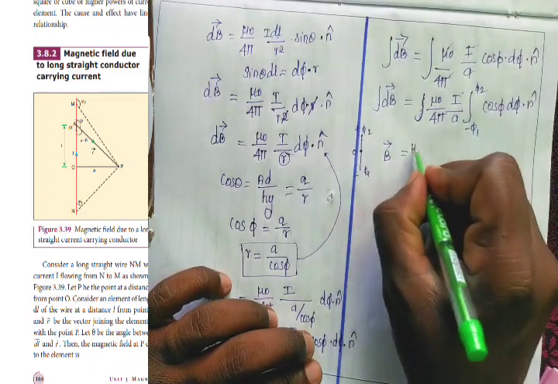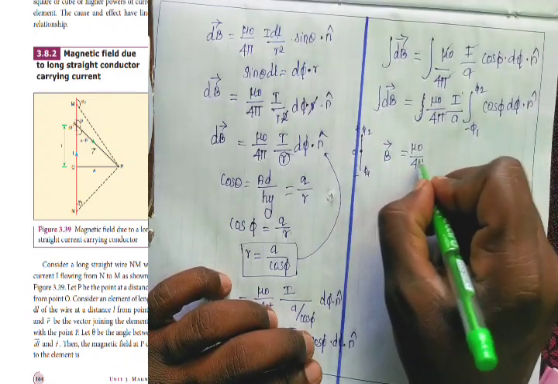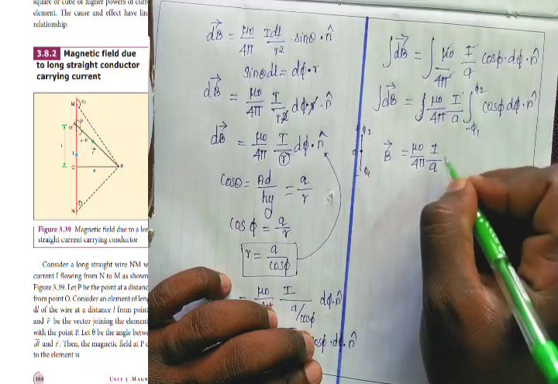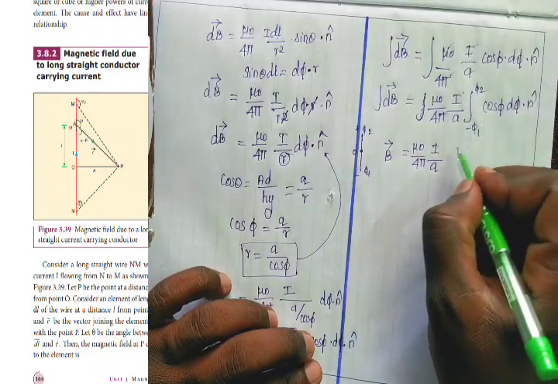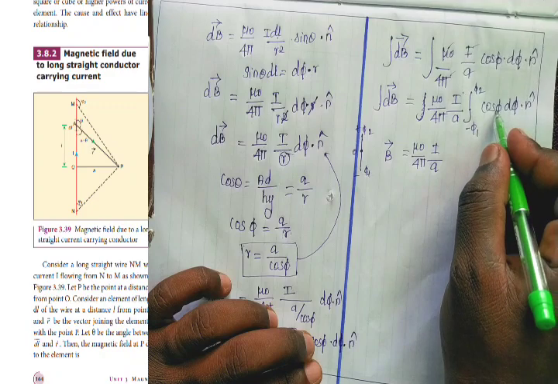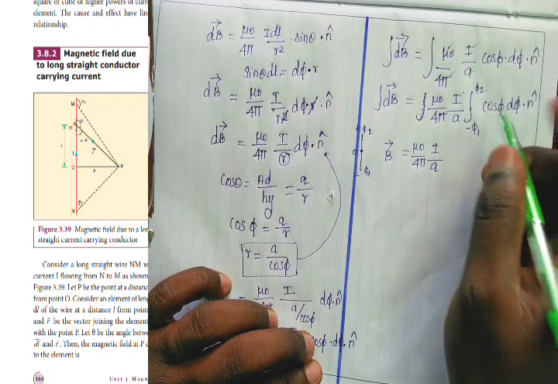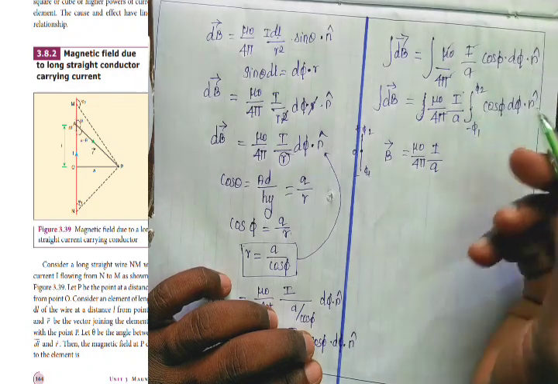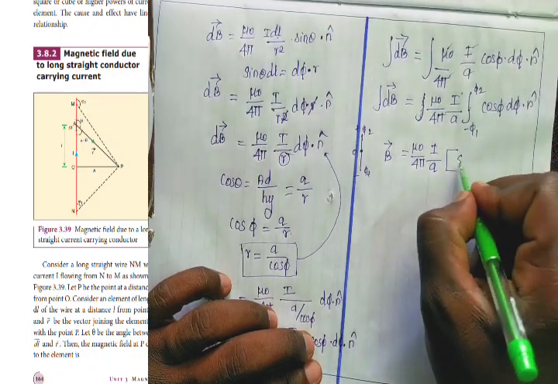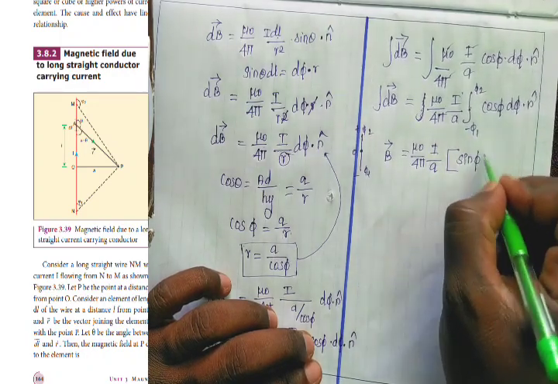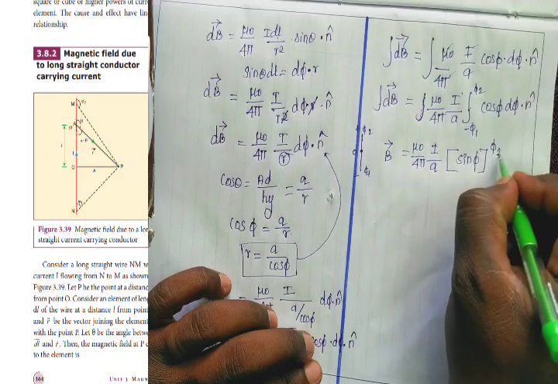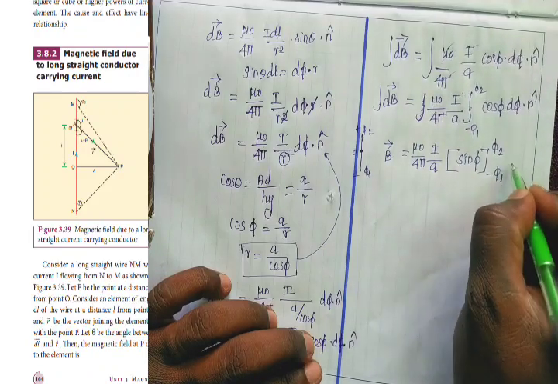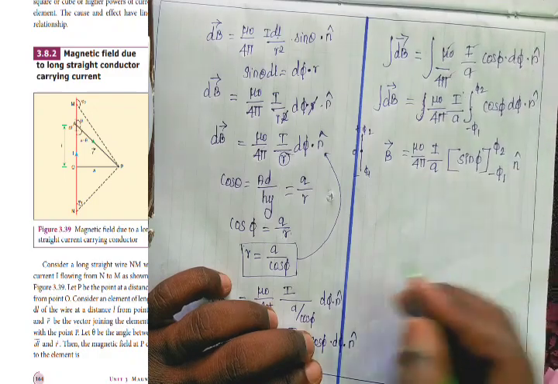The next, constant values μ0 divided by 4π, I divided by a. Integration of cos φ, that means the integration of cos θ is equal to sin θ, right? Here integration of cos φ is equal to sin φ. So sin φ, upper limit value φ2 and lower limit value minus φ1, and the unit vector n cap.